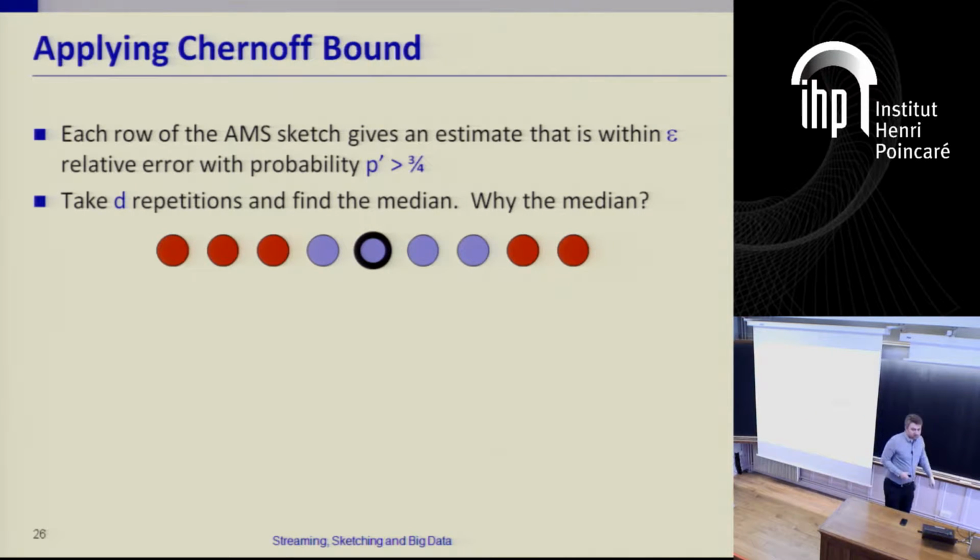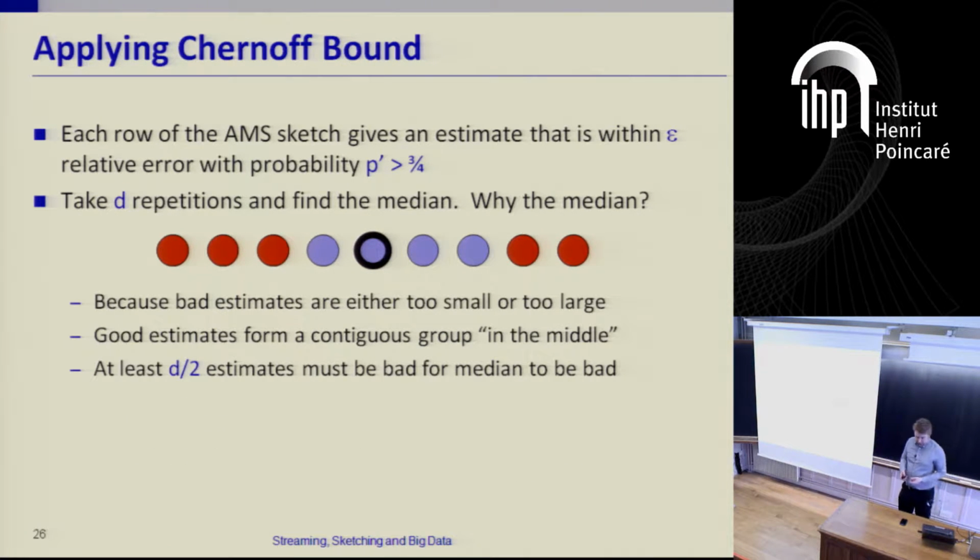So the only way that I could get an overall estimate when I take the median that's also bad is if there are so many bad estimates that it overwhelms me. I've got bad estimates that are too small to the left, bad estimates that are too large to the right. Unless I'm very unlucky, the median should be good. So what's the minimum criterion for the median being bad? It's that at least half these estimates must be bad.